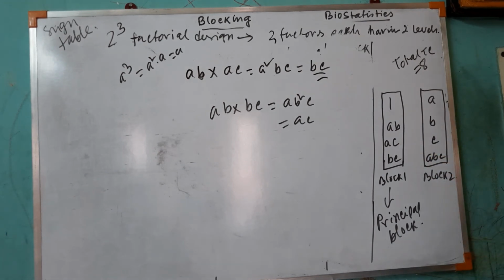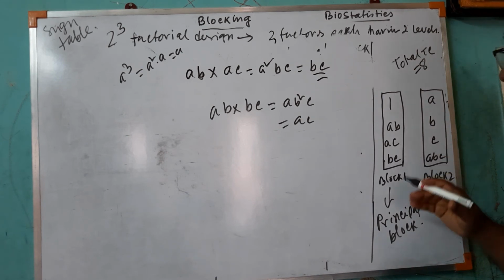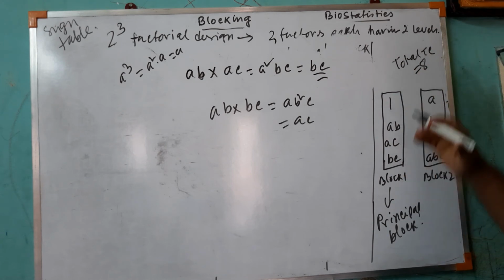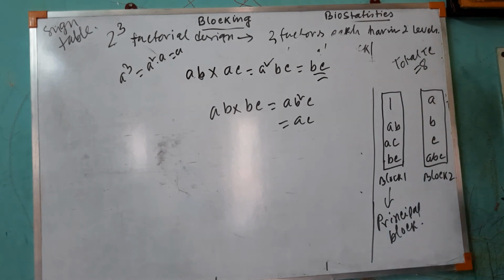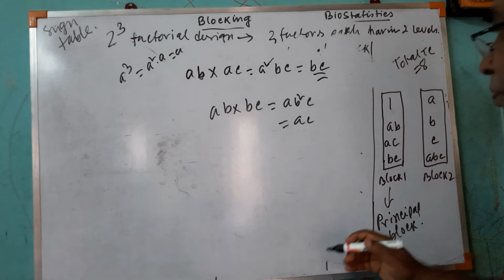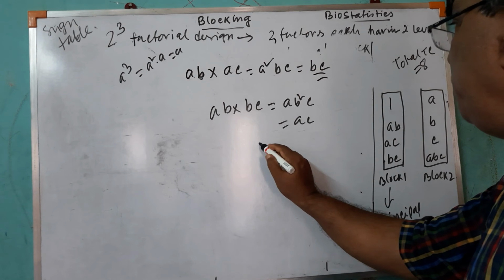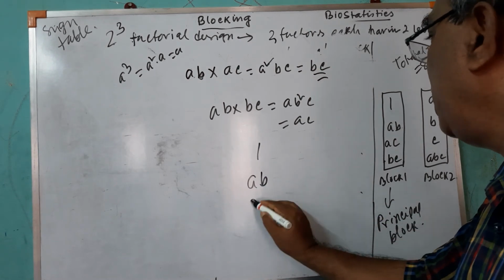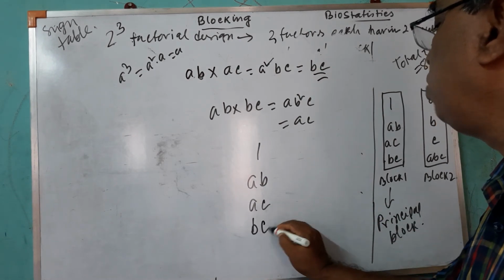You can understand that your arrangement of treatment combinations into blocks was right. Now another thing I can say, suppose block 1 elements are 1, AB, AC and BC. This is block 1.